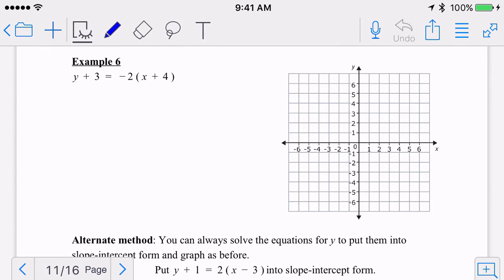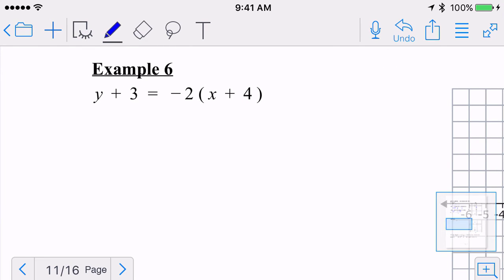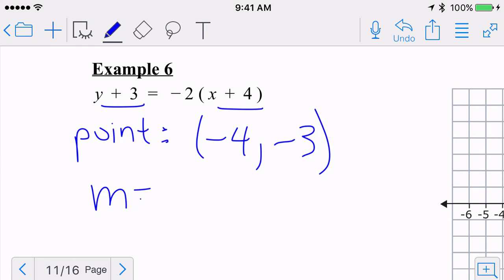Example 6 here, we've got y plus 3 equals negative 2 times x plus 4. So our point, well, if it's x plus 4, that would be a negative 4 for the x1 value, and y plus 3 would be negative 3 for the y1 value. And then our slope is negative 2, and remember that's the same as negative 2 over 1.